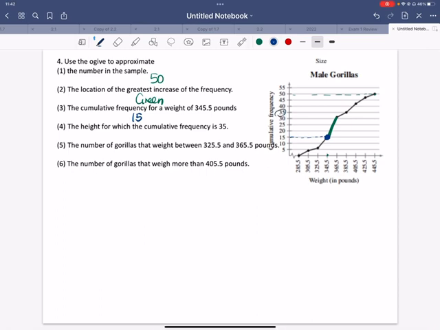We know the cumulative frequency is 35. Let's go get it. That will be 385.5, the weight of this pound. Should be weight, right?